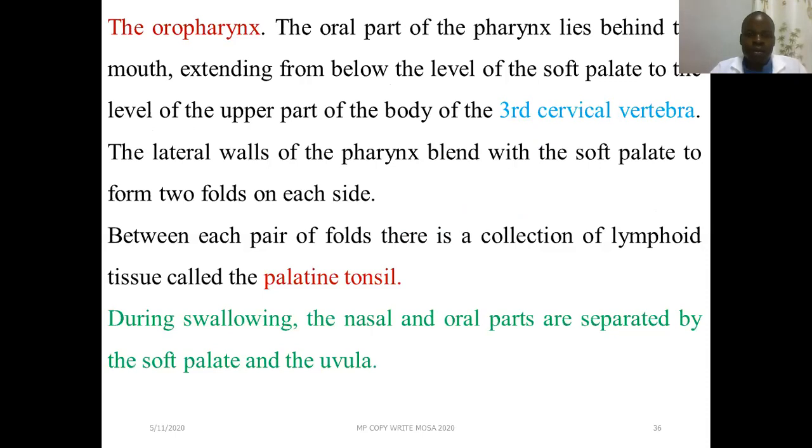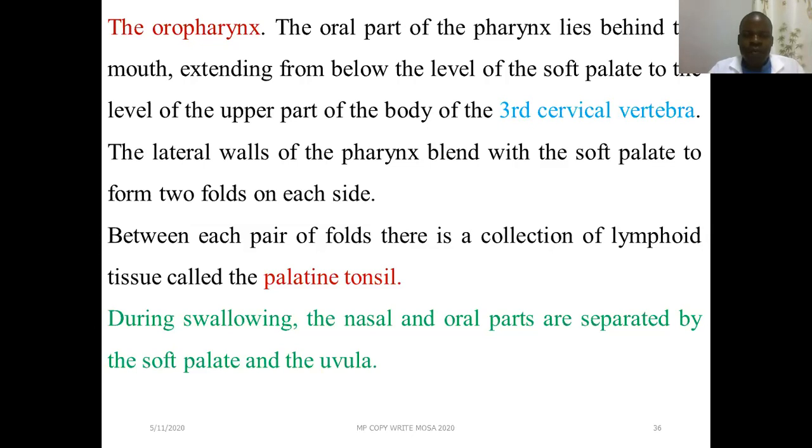The lateral walls of the pharynx blend with the soft palate to form two folds on each side. Between each pair of folds, there is a collection of lymphoid tissue called the palatine tonsils. So these palatine tonsils as well guard the oropharynx against infection.